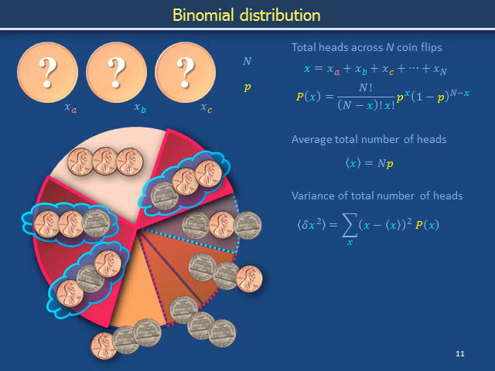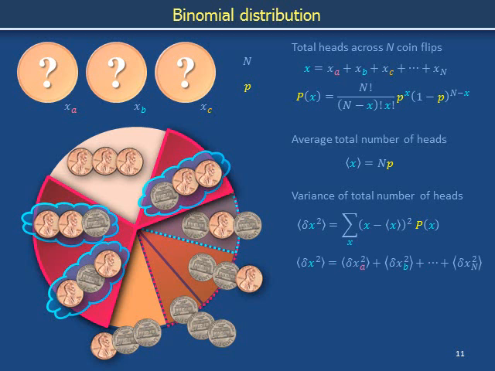While again we could directly substitute the probability distribution into this weighted sum for the square of the deviation of x from its average value, we will instead remember that the individual coin tosses are statistically independent. This means that the variance of the sum equals the sum of the variances.